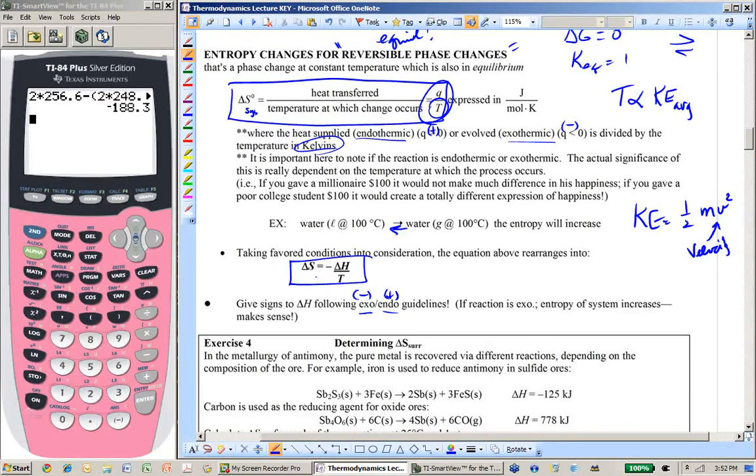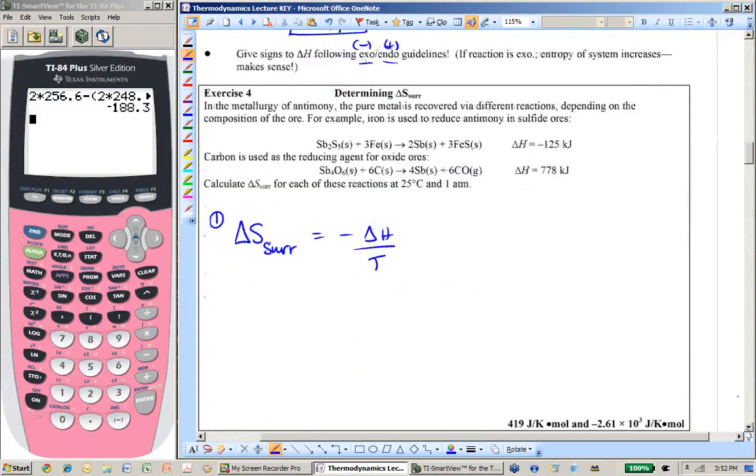This is from the surroundings point of view. We put the minus sign on there. All right, so now that's minus 125 kilojoules, because they told me that, it's sitting right there, divided by, what's the temperature? 25 degrees Celsius. That's 298 Kelvin.